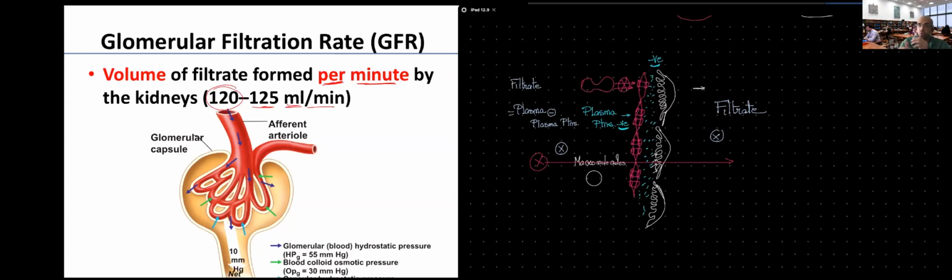which side has more solutes? What do you think? Your blood or the filtrate? Which side has more solutes? Blood one, filtrate two. Which one?